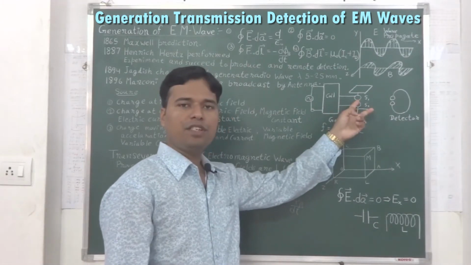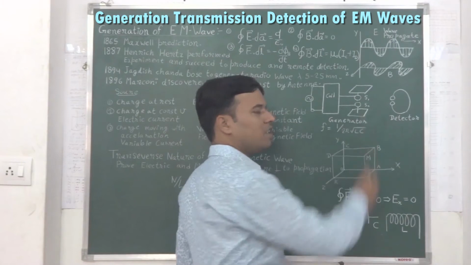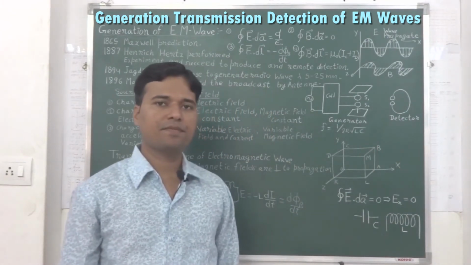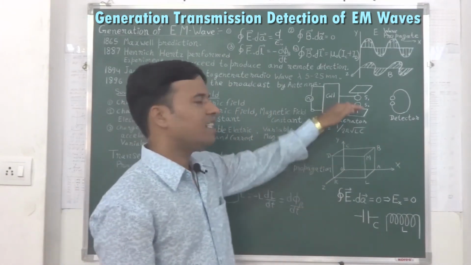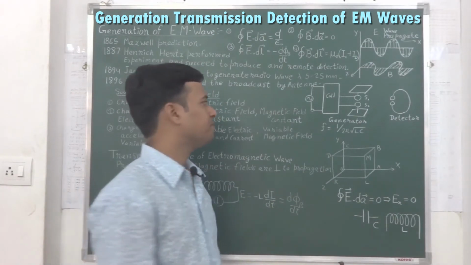Then the output terminals are connected to two different spheres. These spheres are separated by a small gap.